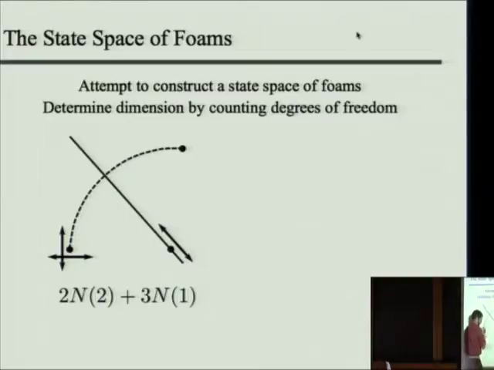And for a foam, all the edges are arcs of circles. So for every edge we have 1 additional degree of freedom associated with where the center of that circle is. There are 3n edges in a foam containing n cells, so we end up with 7n degrees of freedom.